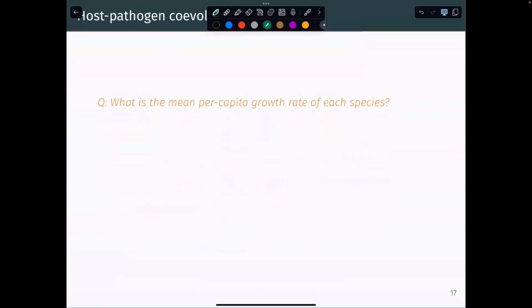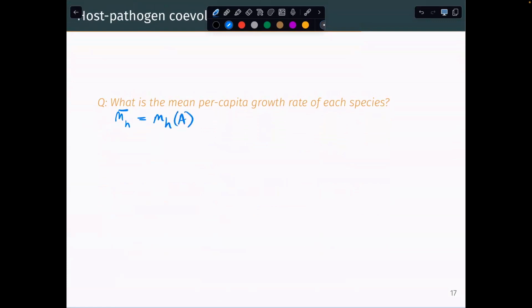Okay, let's do a little bit of analysis. What is the mean per capita growth rate of each species? I'll do the host one with you here. So the mean for the host, well, we just take a weighted sum.